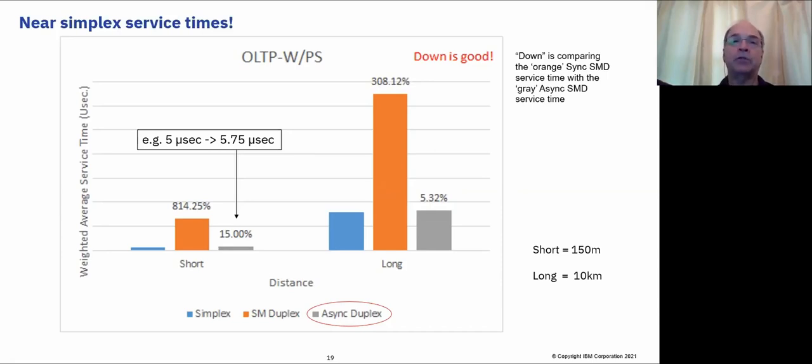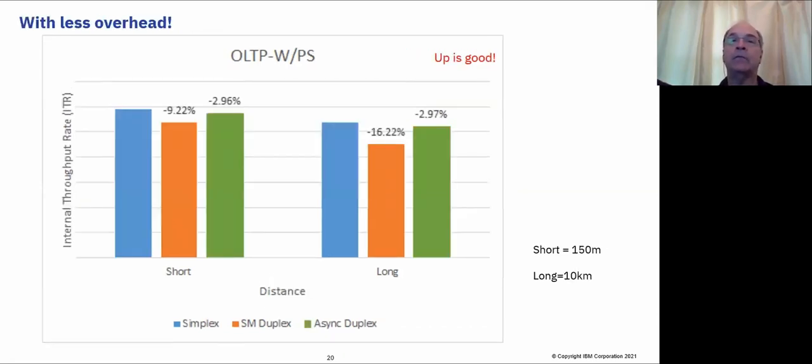Now that's service time. Let's look at overhead or transaction throughput rate. If we look at the internal throughput, blue being the standard, that was simplex, that's the best we can get. It goes down over 9% in the case of synchronous SMD, but only about 3% in the case of async SMD.